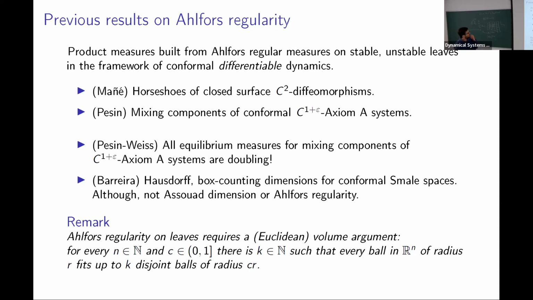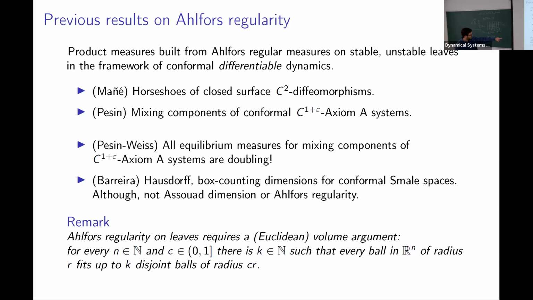Now, Pesin also has several techniques for computing dimensions, and in fact, those techniques, I believe, can be used to prove Ahlfors regularity, but for conformal C1 plus epsilon systems. And so you need your space to be in a Euclidean space for those techniques to work because of the following remark.